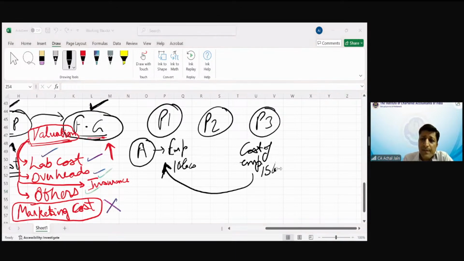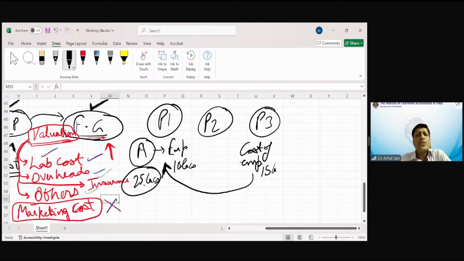Now in this case, what do you find? 25 lakhs is added to the cost of product A, which is not correct. So what should therefore be included? It should only be 10 lakhs and not 15 lakhs. That is the approach which the auditor needs to consider.